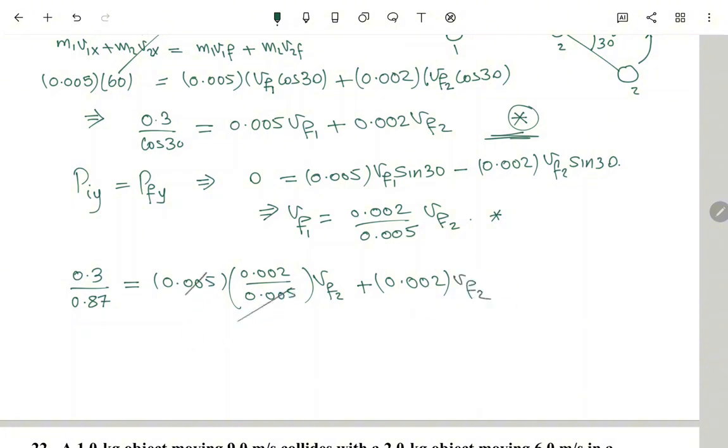This cancels out with this, and from this you will get V2 final equal to 85 meters per second, which is the speed of the second particle. If we would like to find the speed of the first particle, we can substitute this V2 final, and you will get V1 final equal to 34 meters per second.